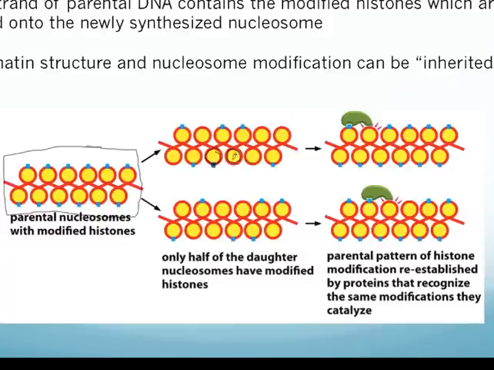And these nucleosomes don't have the covalent modification. Well, somehow your cell knows that there should be covalent modifications on these nucleosomes, and after your DNA has been replicated and folds into its chromatin structure, enzymes will come by and will covalently modify all of the nucleosomes that were modified prior in your parental DNA.